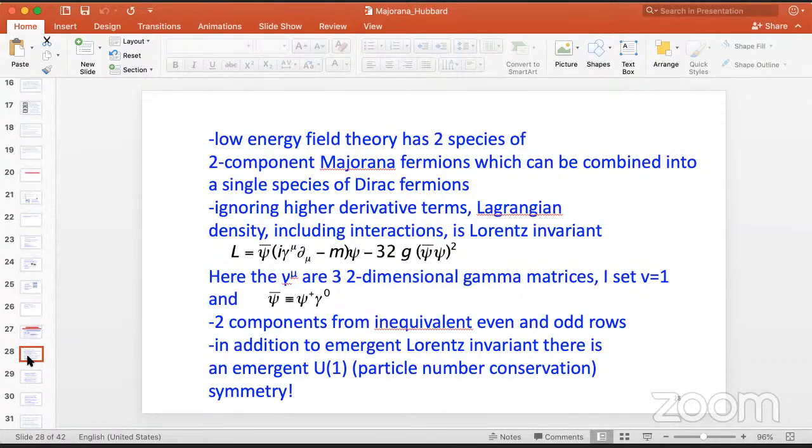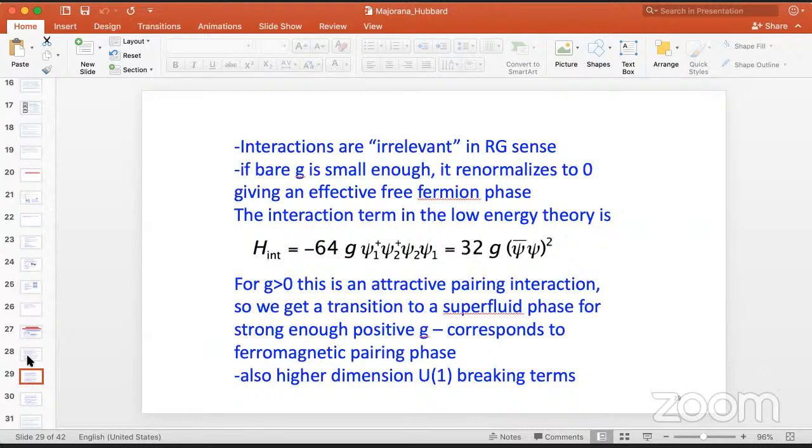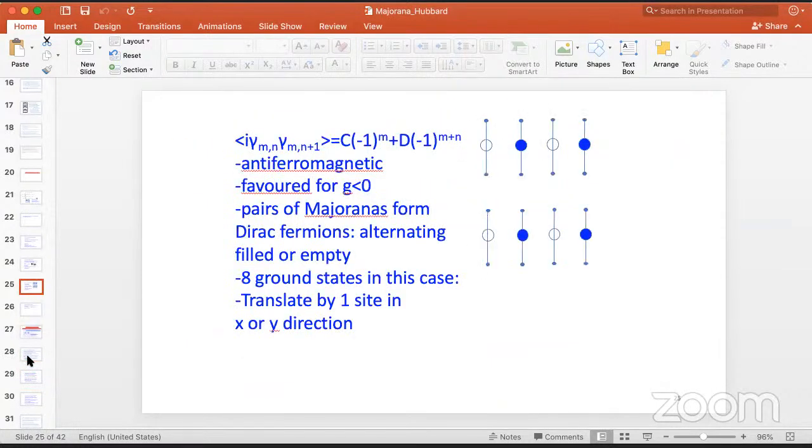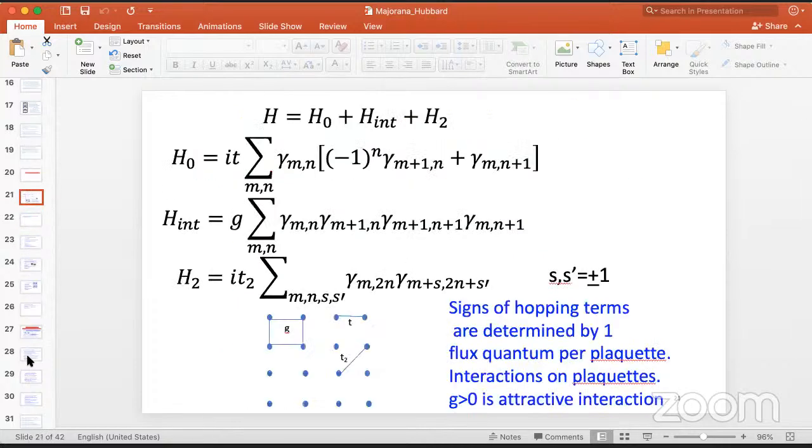Excuse me, I have a question. If you go back to the original model in 2D, if you did not have this pi flux, so that you had this sign structure, is it correct that all the emergent Lorentz symmetry which you observe would not be there? Actually, that's a good question. We haven't studied that carefully.